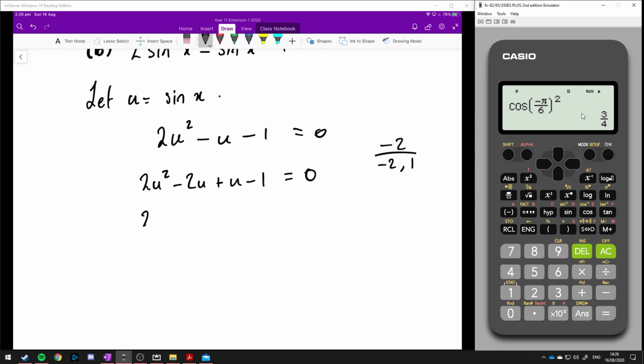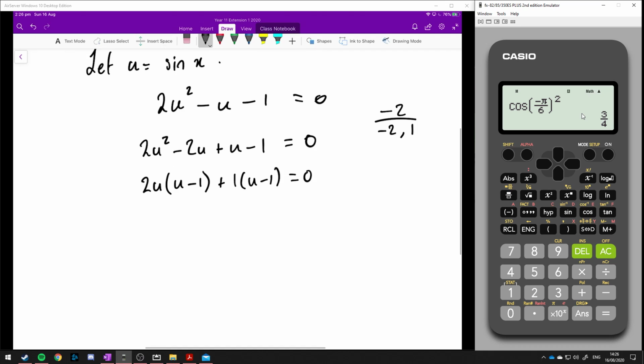Taking the common factor out, we get 2u on the outside, and it's u minus 1 here, plus 1 lot of u minus 1 is equal to 0. Common factor is u minus 1, so u minus 1 comes out. That leaves us with 2u plus 1 here, which is equal to 0.